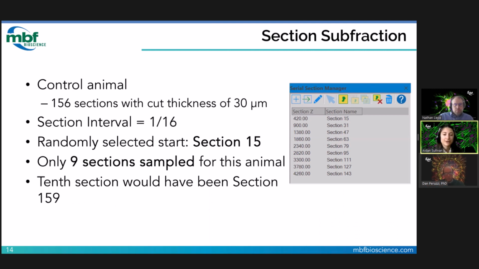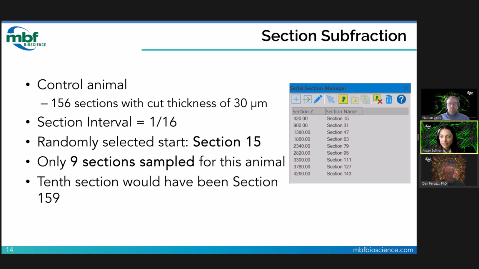That makes sense. So when I did this for my control animal, I pulled in that sample in Stereo Investigator, and it randomly generated a starting section for me when I told it that I wanted to use a section interval of 1 in 16, and it selected section 15 as my starting section.